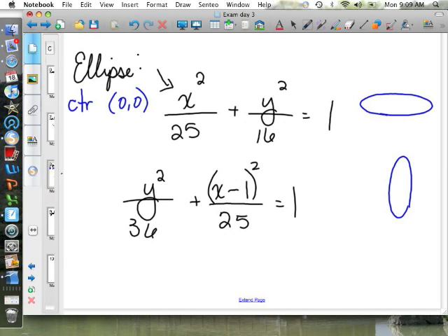Our major axis would be 5. And our minor axis would be 4. And when I say it's 5 and 4, it means from the center, you're going 5 units for the major axis in both directions, and you're going 4 units for the minor axis in both directions. Okay? You won't have to graph it, but I do want you to know how to find that.